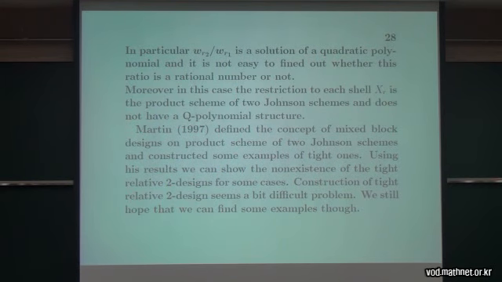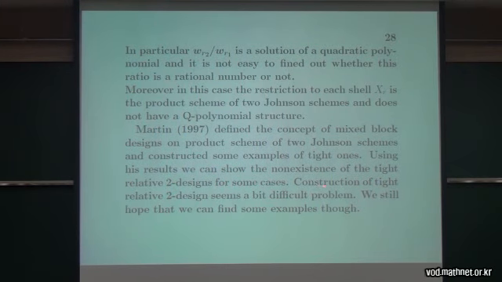And so Bill Martin defined the concept of mixed block design on the product scheme of two Johnson schemes, and constructed some examples of tight ones. He showed the lower bound and has some examples of tight ones, and using his results, we can show the non-existence of the tight relative t design for some cases.